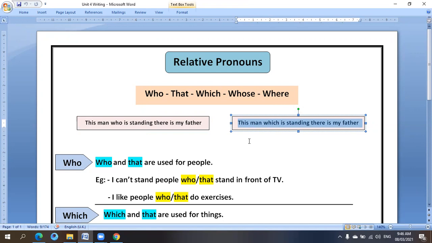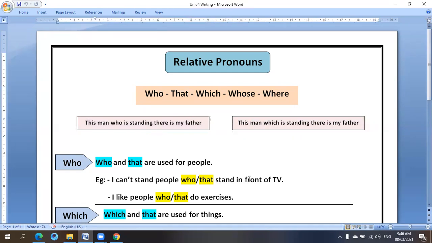I want to ask all of you, you can raise your hand if you want to answer, and also you can write on chat. Which one of these sentences is the right sentence, and which one is the wrong one? Is it the first one or the second one?